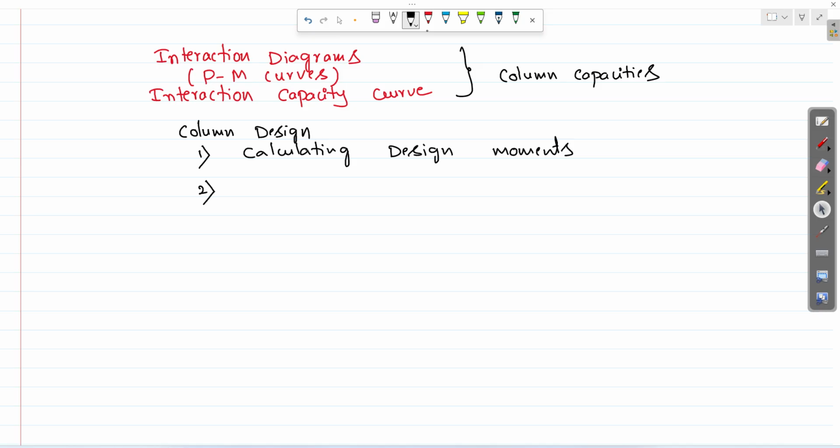The second step is calculating column capacities, for which we make interaction diagrams. You should always remember, column design will be carried out in two steps. This is your first step, calculating design moments. The second step is calculating column capacities.